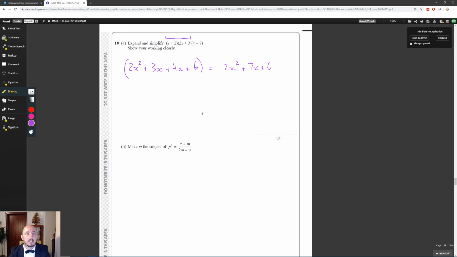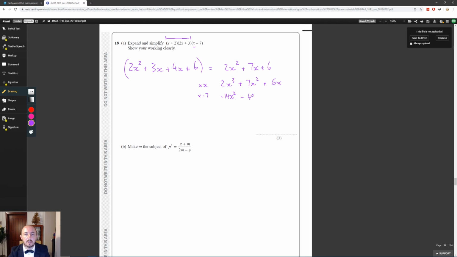And then we're going to multiply that by x first. So we'll get 2x cubed plus 7x squared plus 6x. That's doing the multiply by x. Then we're going to multiply by negative 7. So we're going to do minus 14x squared. This is the top line multiplied by minus 7.